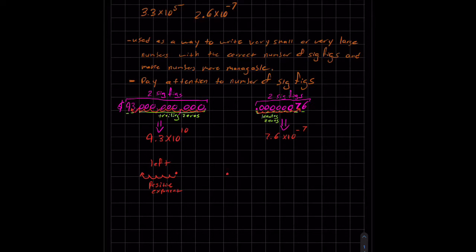If you have a decimal and you move it to the right, the number is going to have a negative exponent.